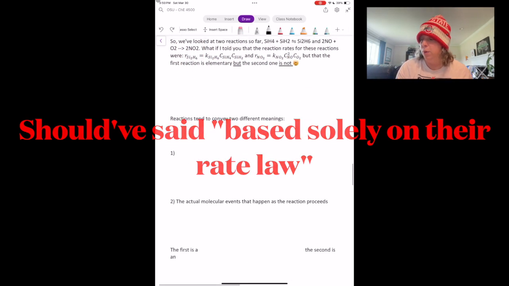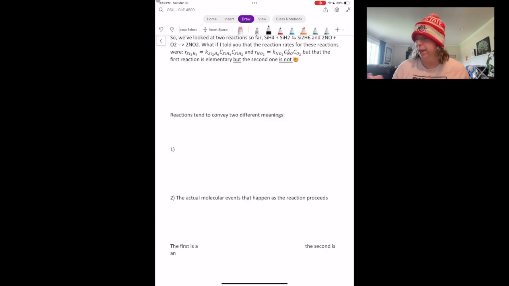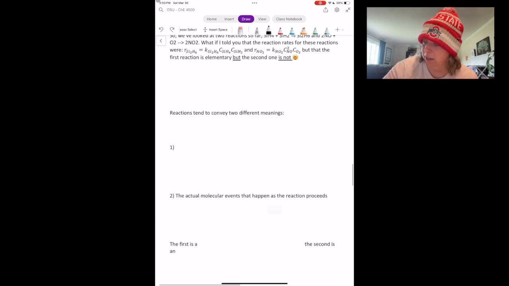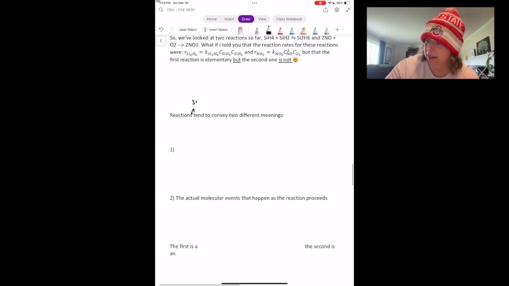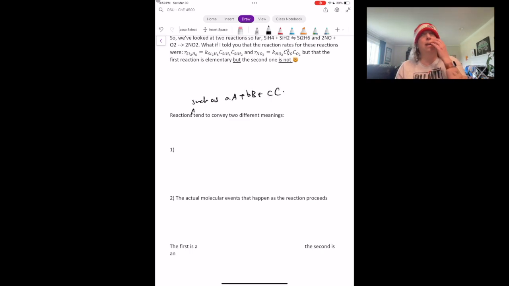So when we write a chemical reaction, such as A plus B goes to C plus D, and in fact, let me write it even more generally than that, let me write aA plus bB goes to cC plus dD, where the lowercase letters are stoichiometric coefficients and the uppercase letters are species.